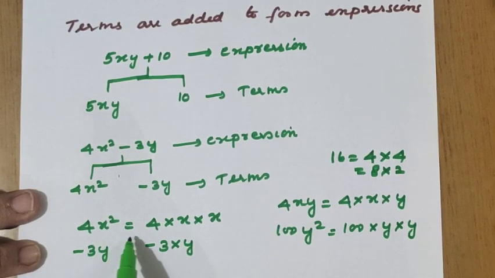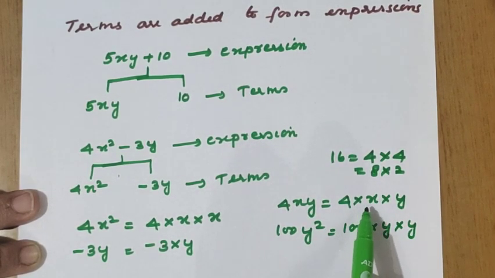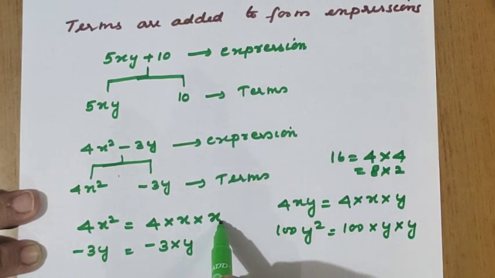So 4x square equals 4 into x into x, that is the product of 4 and x 2 times, making 4x square, right? Minus 3y means minus 3 into y. 4xy means 4 into x into y. So 100y square means 100 into y into y. These parts are called factors.